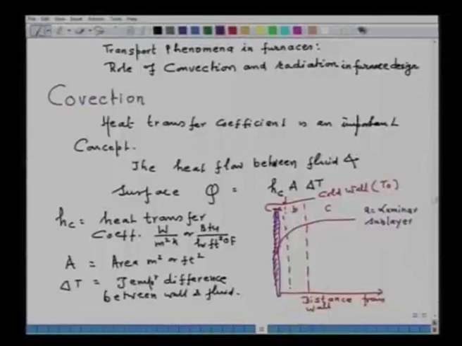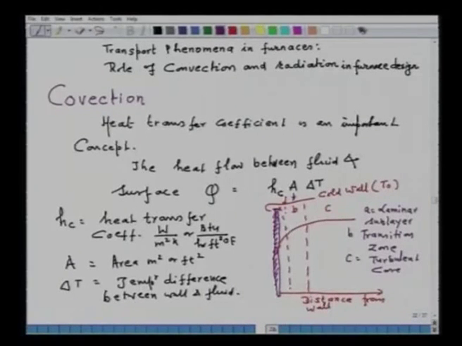So, B is the transition zone, and C is the turbulent core. The fluid is flowing in this direction. So, this is the temperature profile of a flowing fluid which is bounded by a cooler wall.